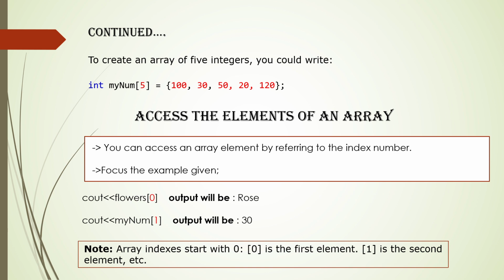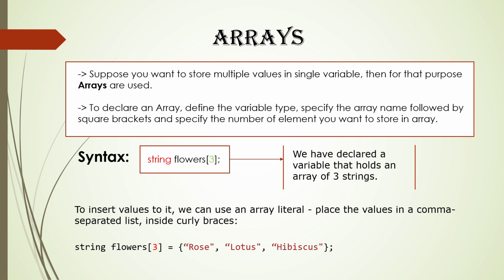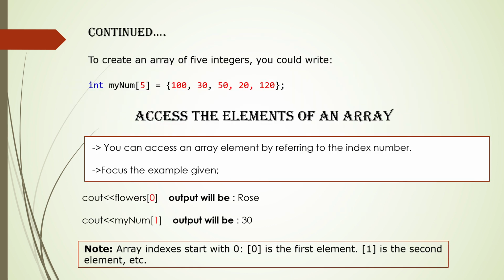Recall the previous example. See here, at the 0th index of this array named flowers, rose has been stored. See, we got the output as rose. And the second time I have mentioned cout of mynum 1. See the mynum array and refer to index 1. The element stored at index 1 is 30. So we got the output as 30.